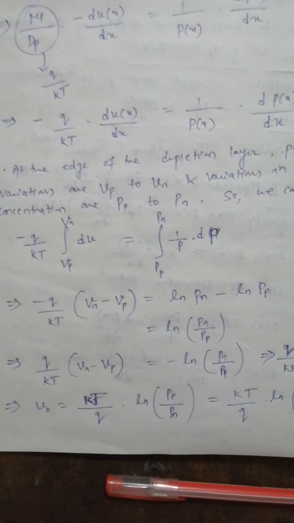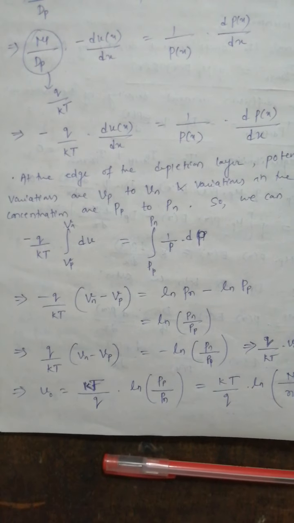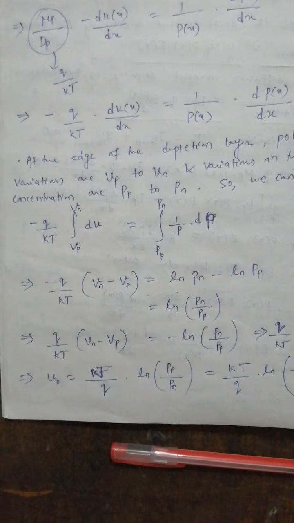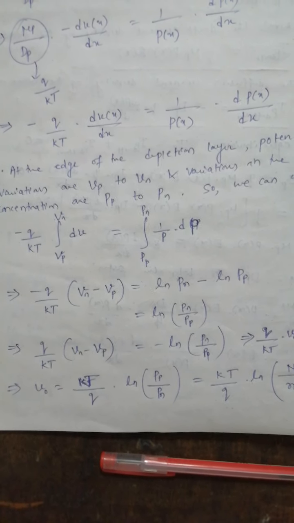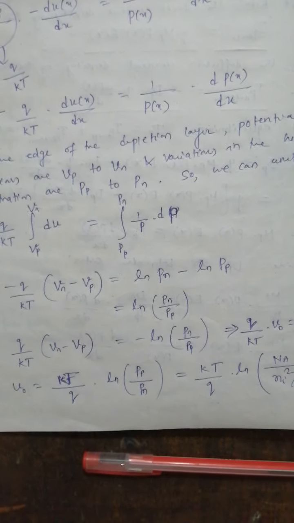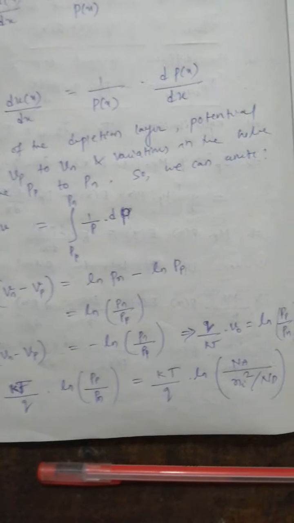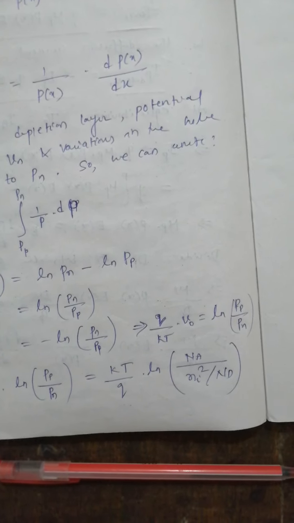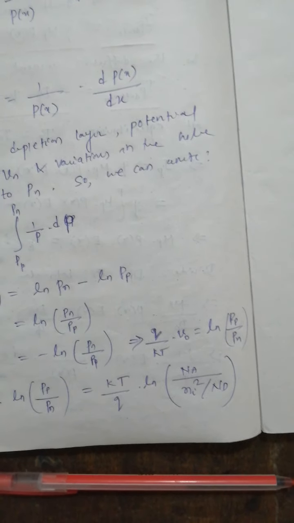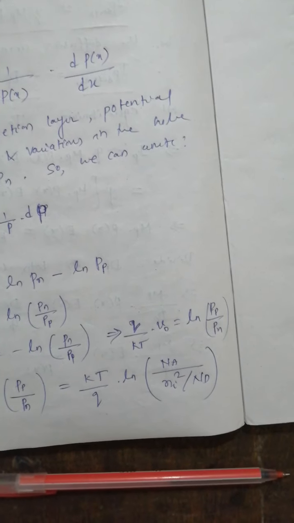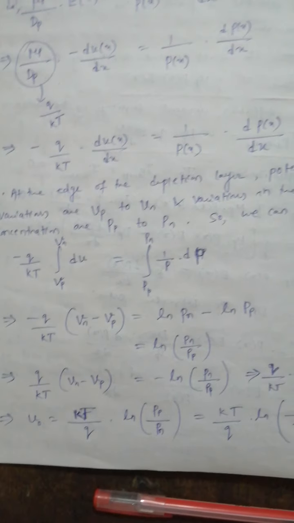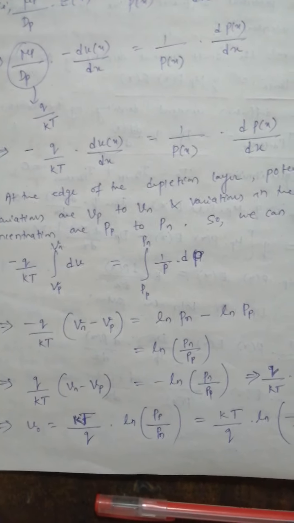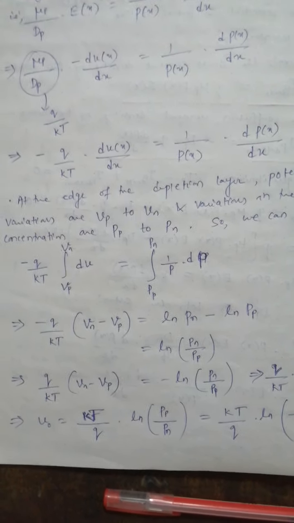After proceeding like this, I get V0 equal to kT by q ln of Pp by Pn equal to kT by q ln of Na divided by ni square by Nd. You can see these derivations in a detailed view and you can find the answer.